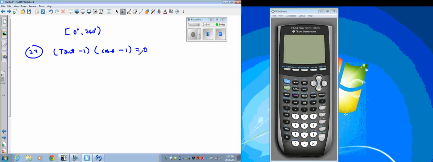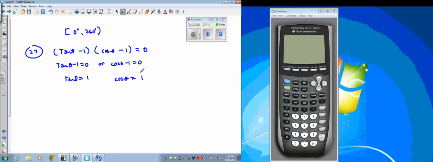They've already factored it for you, haven't they? So you set each one of those equal to 0. So this is tangent equals 1, and then cosine theta equals 1.